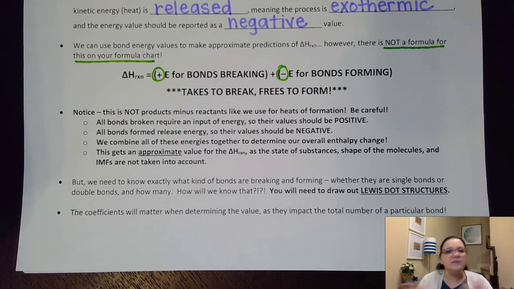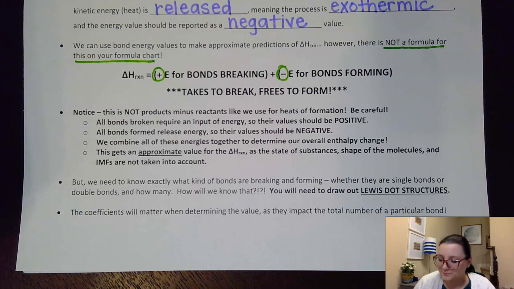And it doesn't take into account the fact that I might need to also break and form different IMFs. And so therefore it only gets us an approximate value. Sometimes it may or may not match up with the delta H reaction value that's standard on a given table. It's only going to get us an approximate value here.